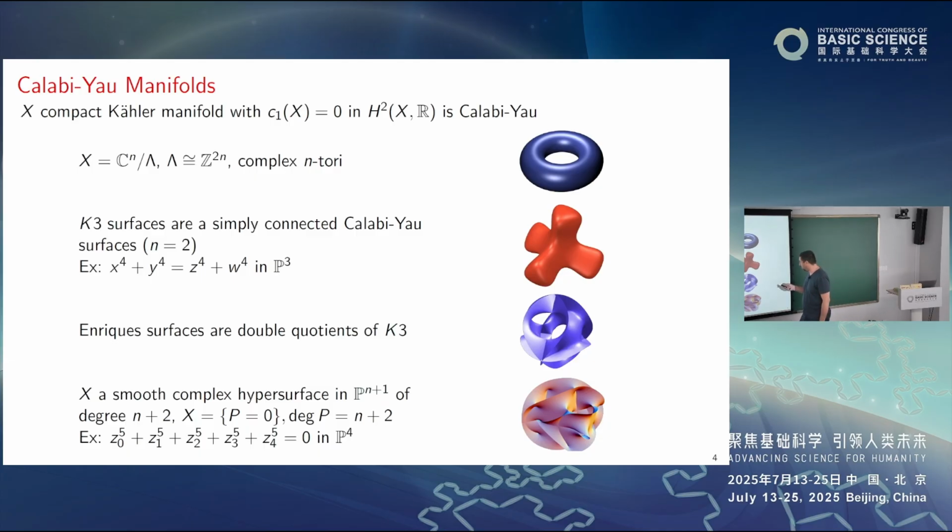All right, so the simplest example you could possibly think of is just to take a torus. So Euclidean space modulo a lattice, which is an additive subgroup isomorphic to Z^{2n}, acting by translations. So as a smooth manifold, this is just what you call T^{2n}, the 2n-dimensional torus. As a complex manifold, the choice of lattice does matter.